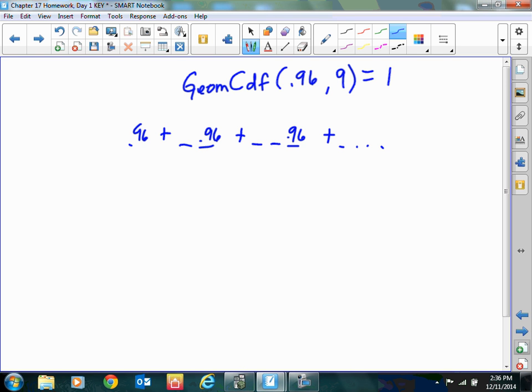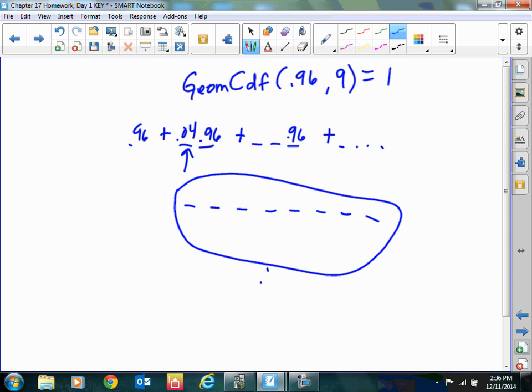That's not what this problem says, because if that's what it is, you got an AB donor right there. This problem says you do not get an AB donor in the first 9. So all of these are 0.96s.